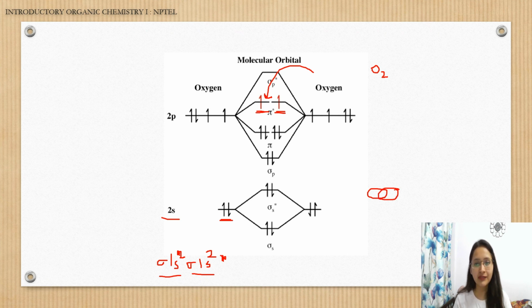If the overlapping is not matching, see, if I have to tell you about the sigma s, you know that the s orbitals are spherical in nature. So suppose this is the positive side and this is the negative side. Again, this is positive and again, this is negative.